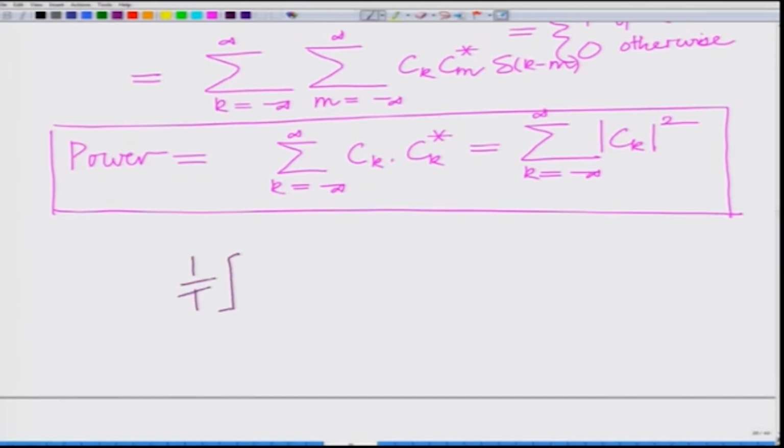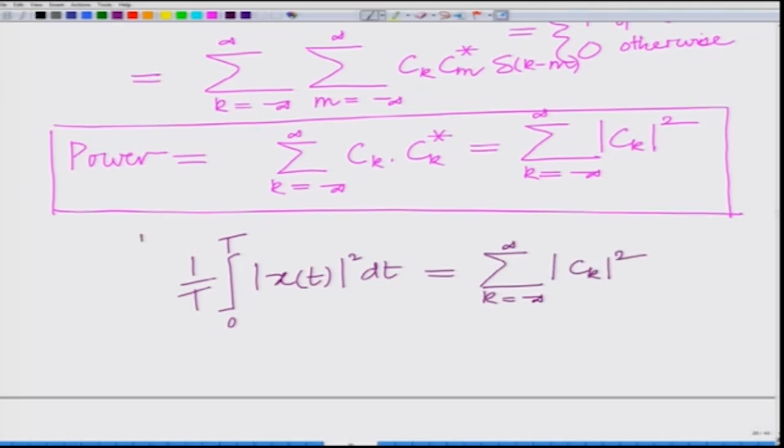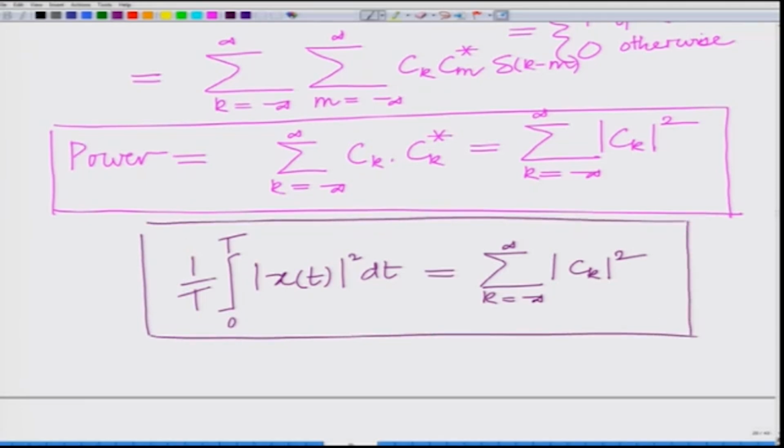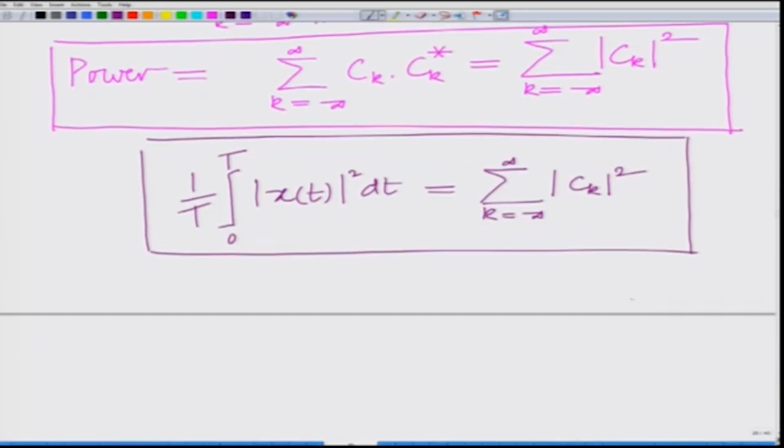One is the traditional time domain expression, 1 over T integral 0 to T magnitude x(t) squared dt, equals summation k equals minus infinity to infinity magnitude Ck squared. Now we also have an expression for the power in the frequency domain, that is, in terms of its spectrum, and this is known as Parseval's relation. This is a very popular result.